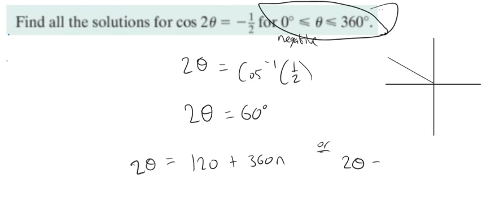or 2 theta equals, so the other ones, remember C A S T, so cos is negative in the second one and the third one, so it would create this one down here.